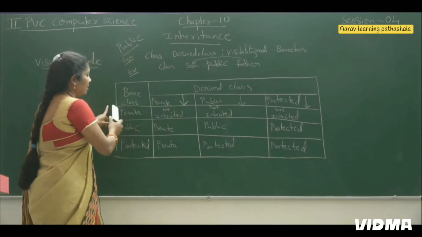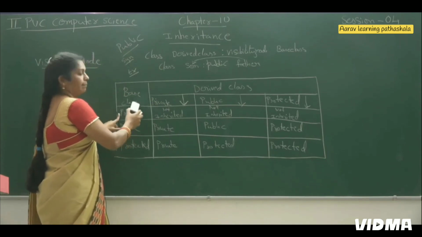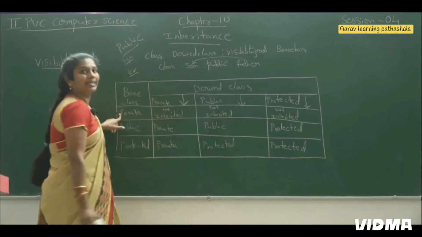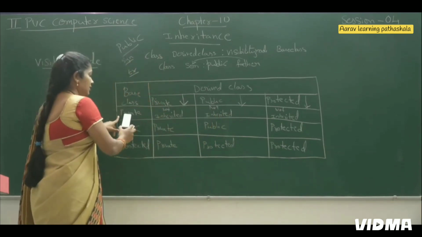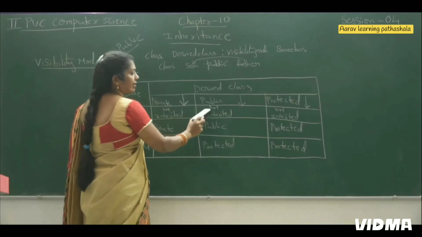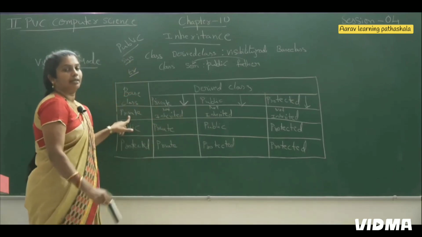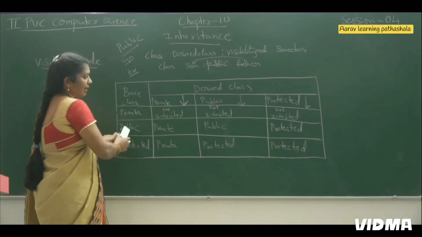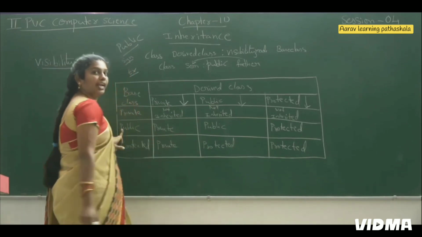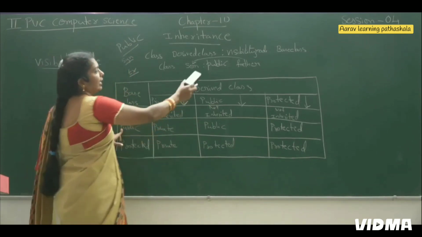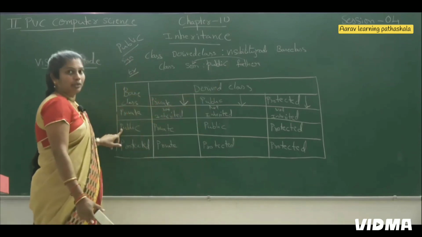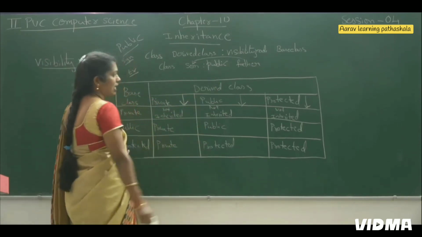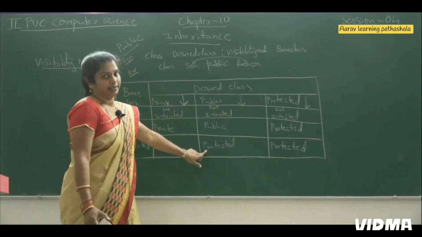One is, if the base class members are private, then in public inheritance they are not inherited in the derived class. They cannot be accessed. If the base class members are public, then in the derived class also they become public in public visibility mode. If the base class members are protected, then in the derived class also they become protected.